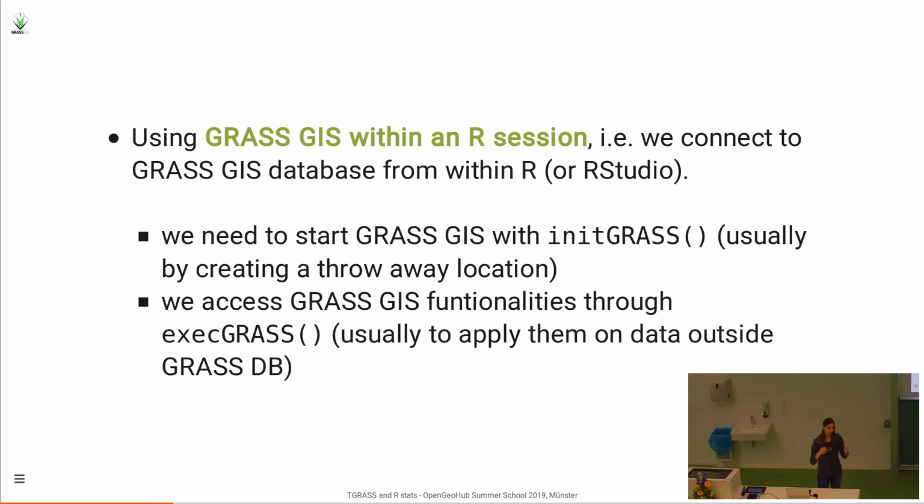But you just initialize GRASS from R with initGRASS, and you create a throwaway location. So it's like a temporary location, just to put your data there and then use GRASS functionalities. And then when you close the session, that location will be thrown away. So it's just if you are not a GRASS user and you want just to use some functionalities from R.